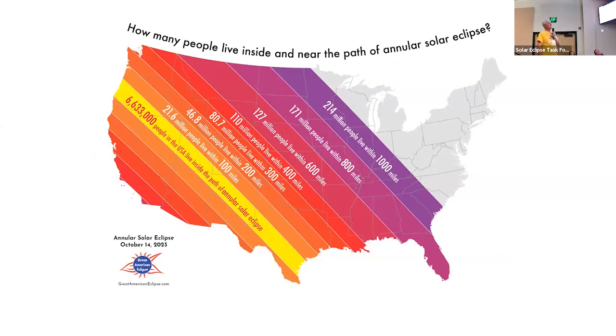Okay, and then these are the number of people that are within... now earlier I said that half the population is within 250 miles of the total solar eclipse. It's a bit broader for this eclipse. It would be more like 700 miles or so to reach half the population.